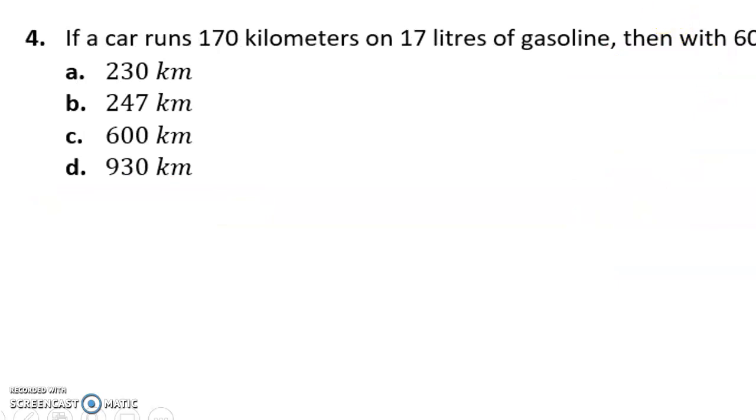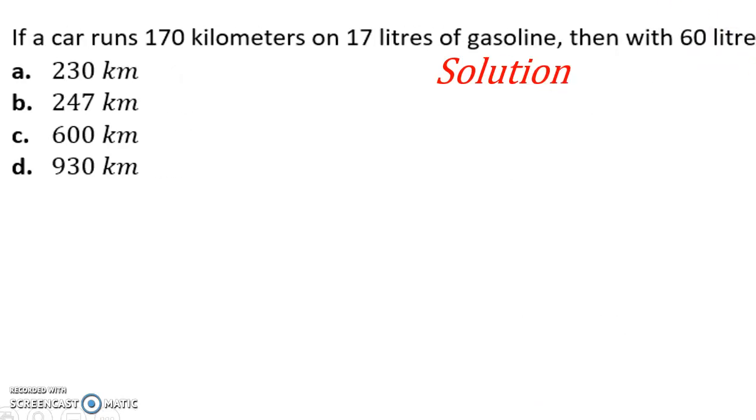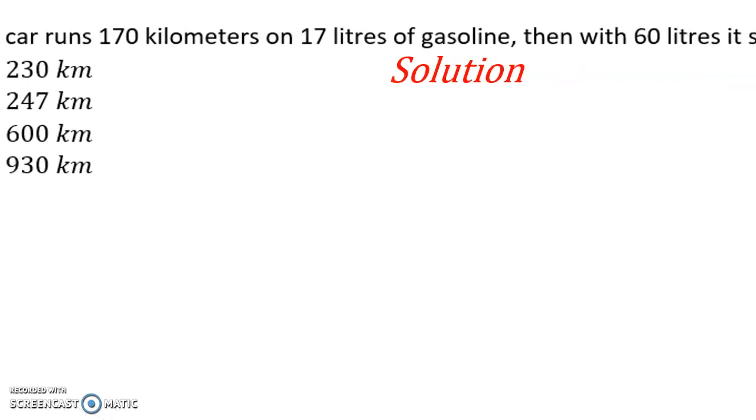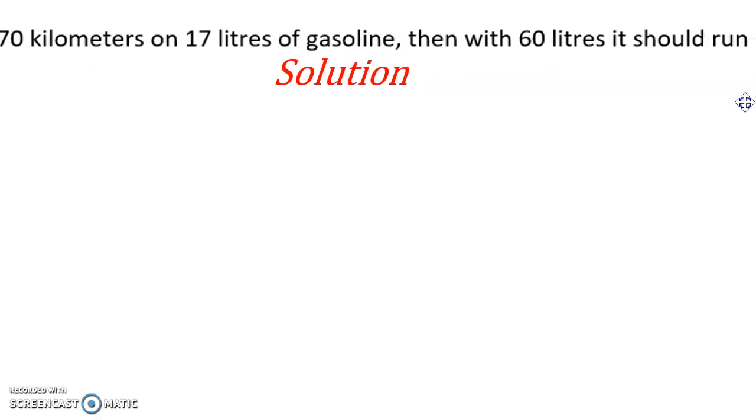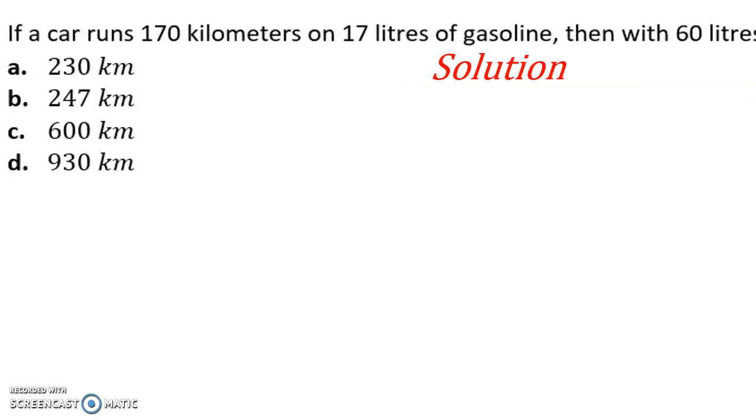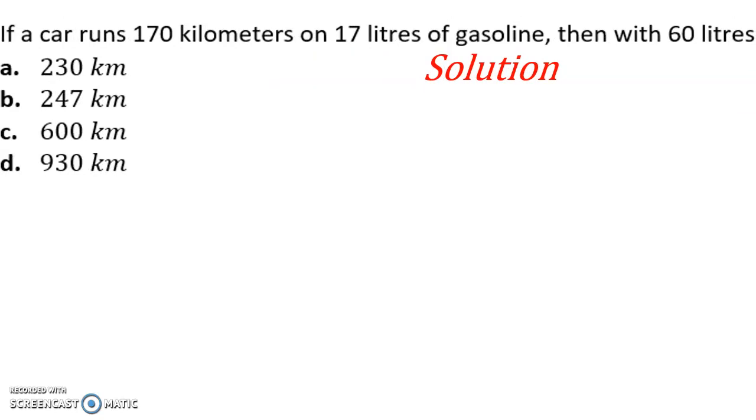Alright, so for number 4, it says if a car runs 170 kilometers on 17 liters of gasoline, then with 60 liters it should run. So that's the question. We're looking at 60 liters.